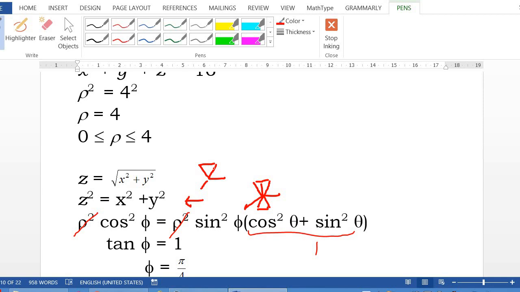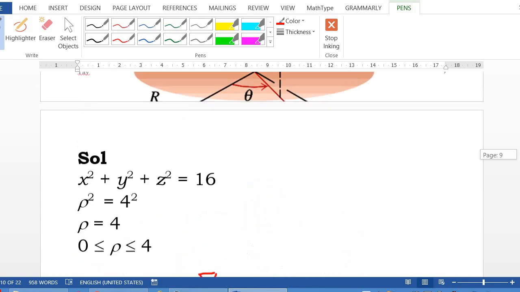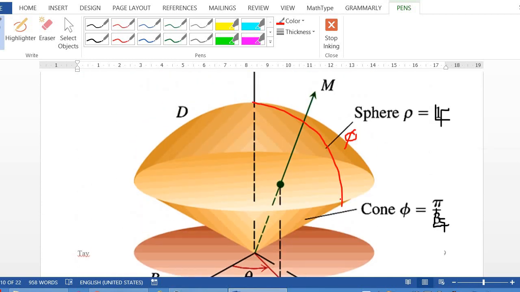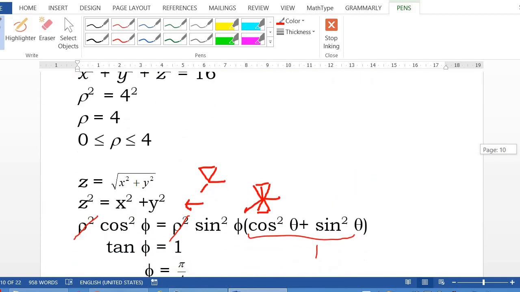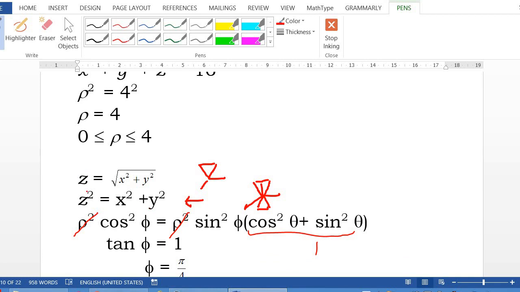To get phi, we need to solve the cone equation, because phi is measured from the positive z-axis. You rotate until you touch the surface of the cone, from here until here. So what is the angle, that is phi? Squaring the cone equation, you get z squared equal to x squared plus y squared, and you know z is rho cos phi, so z squared is rho squared cos squared phi. X is rho sin phi cos theta, so squared it is rho squared sin squared phi cos squared theta.